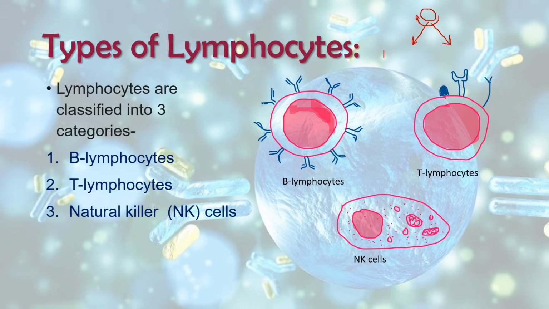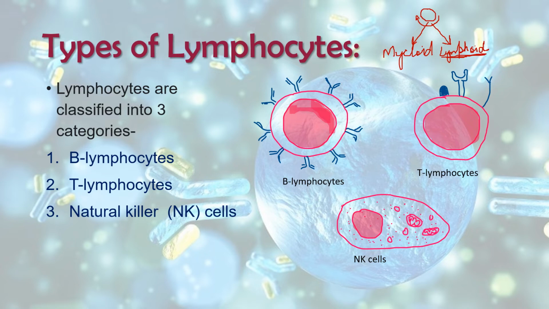The first one is myeloid and the second one is lymphoid. This lymphoid progenitor is responsible for the formation of the lymphocytes. From these lymphoid progenitor cells, three types of cells are formed: B lymphocytes, T lymphocytes and NK cells.